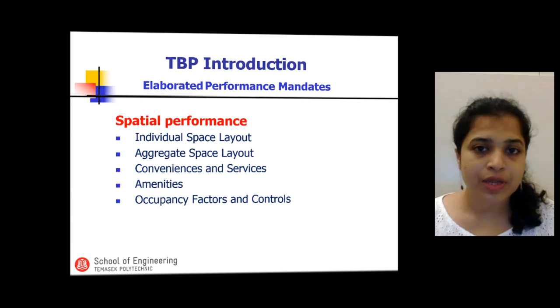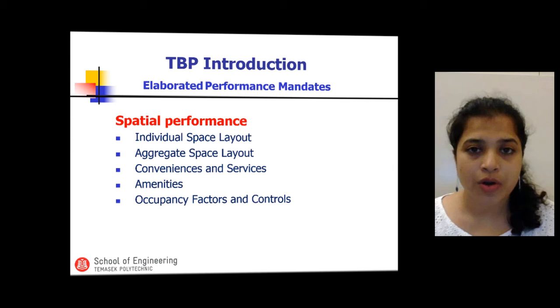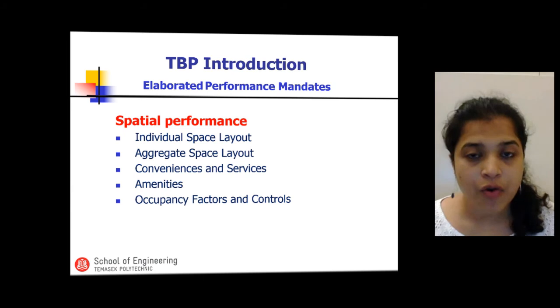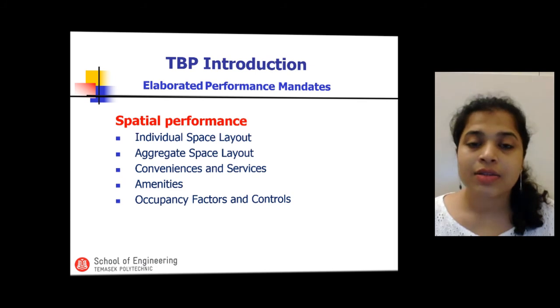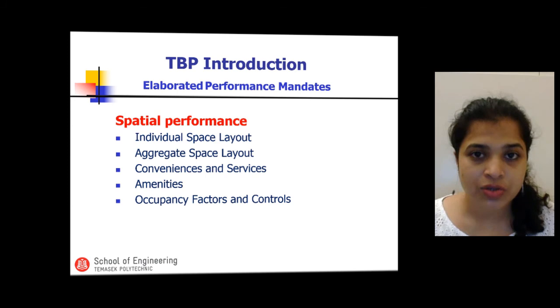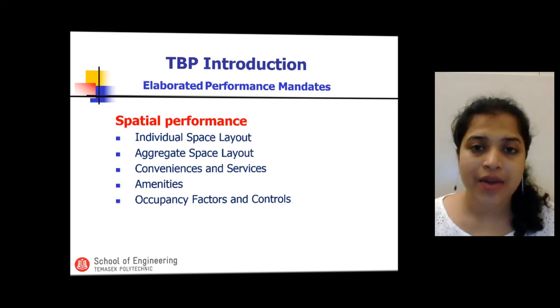For example, when your lecture is over, there is a common corridor, that's the spill out space, right? Now, is the common corridor width enough for all the students to spill out, right? Is it enough? Is the length too much, right? Now this design affects the aggregate space layout.